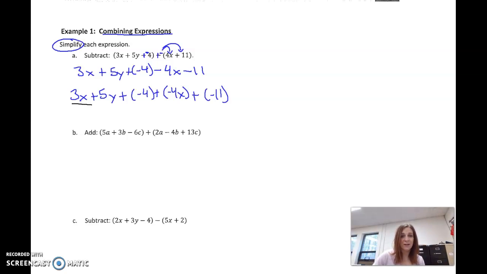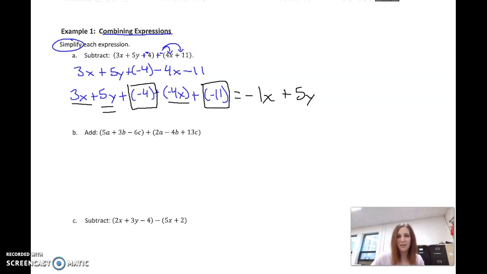Let's look at some like terms here. I have 3 x's here and a negative 4 x's there. If I add 3 x's to a negative 4 x's, 3 plus a negative 4 is a negative 1x. If I take 5 y's and add no more y's, that just stays 5 y's. And if I have negative 4 and I combine that with a negative 11, negative 4 plus negative 11 is going to be a negative 15.